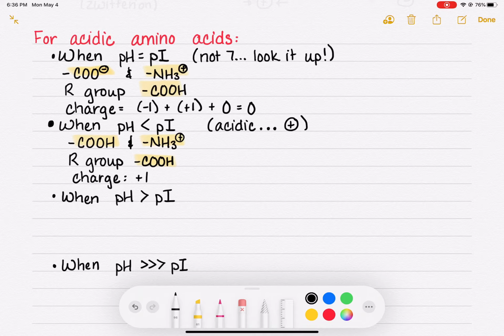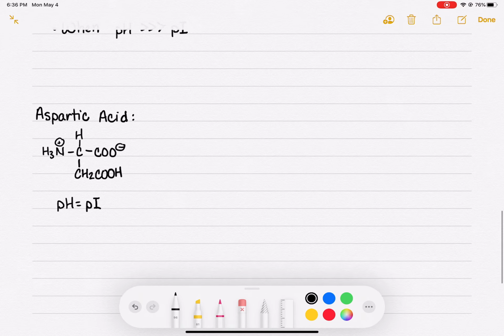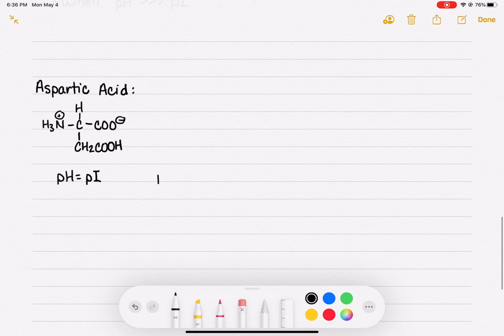And let's take a look at what that might actually look like. So let's draw aspartic acid at a pH of 1. We don't need to know what the pI is. That's a low pH. So when we're at a low pH, we know that we're okay with having positive charges. So our NH3+ is going to stay NH3+.